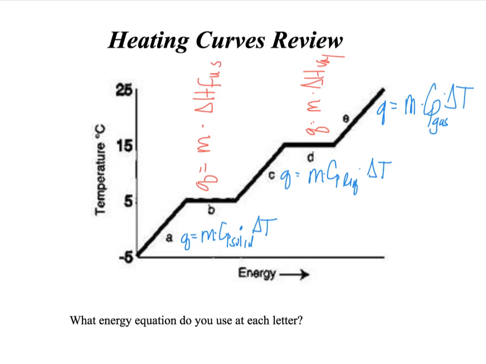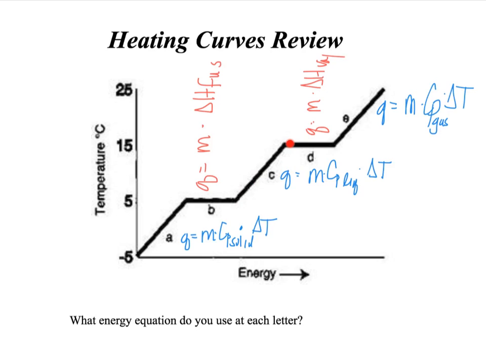All right, so back to that heating curve review. Here's what you would use at each one of these positions on the graph if you were trying to figure out how much energy was required. If you're at A, you would use Q is equal to m times the specific heat of the solid times the temperature change. When you're at the phase change of melting or freezing, you would use Q is equal to m, mass, times the heat of fusion.